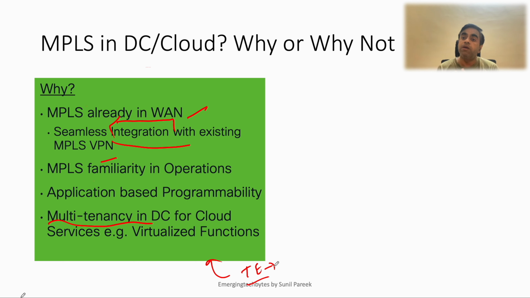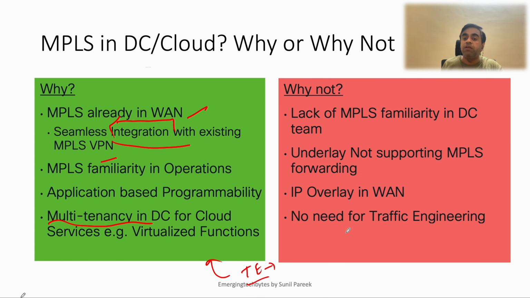But when the traffic engineering use case was being evaluated by the data center admin, there was literally no need for that. In the data center fabric, we say there is enough bandwidth and very low latency. That's how they design the data center fabric. So there is no need for a traffic engineering based solution.